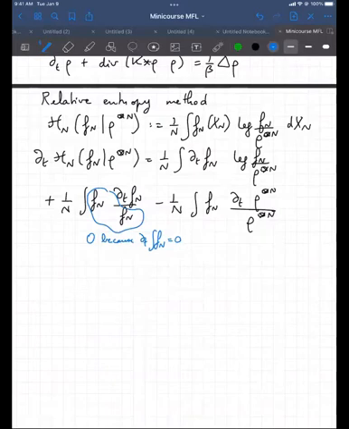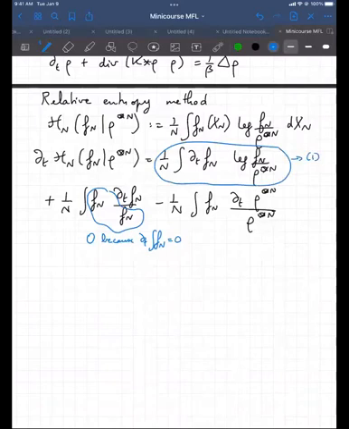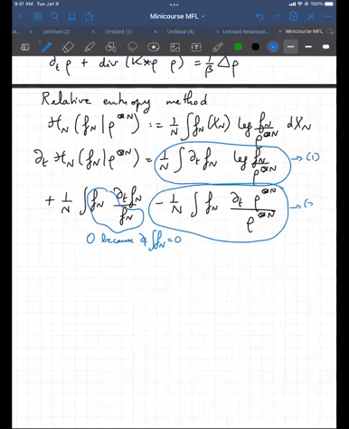So I just have 2 terms to compute. This one is going to be called 1, and this one is going to be called 2. So what is 1?